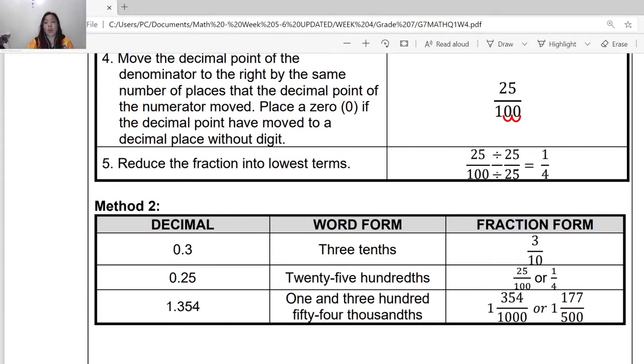That's method 1. For method 2, we have the word form. So we will consider the place value.